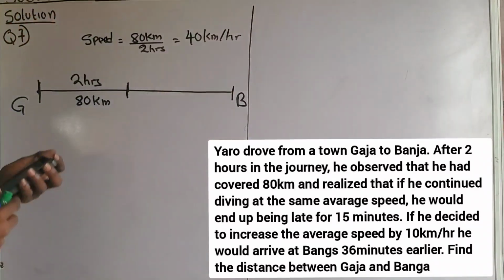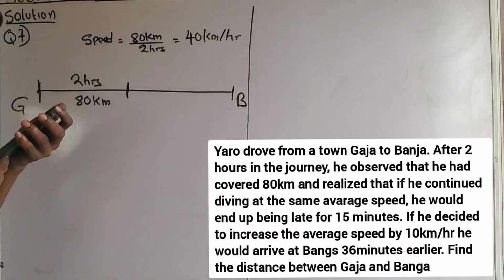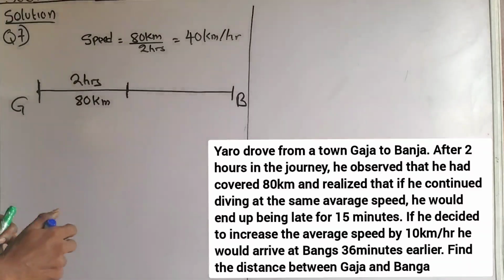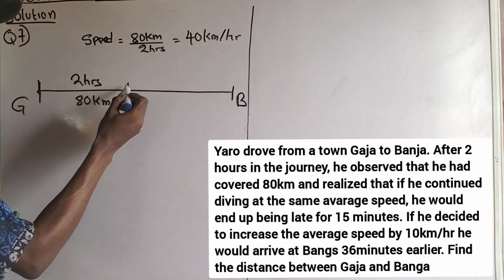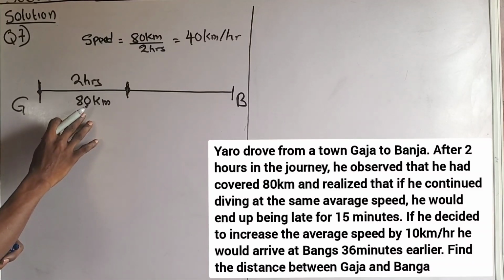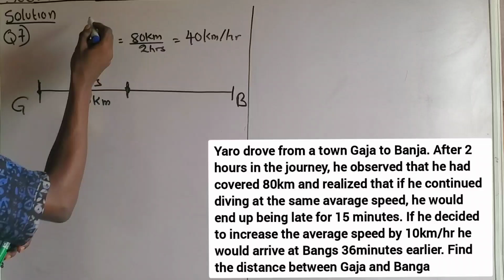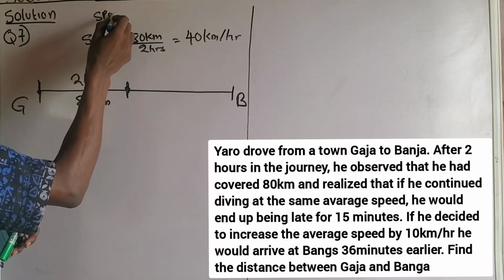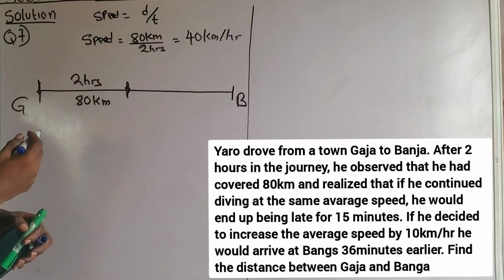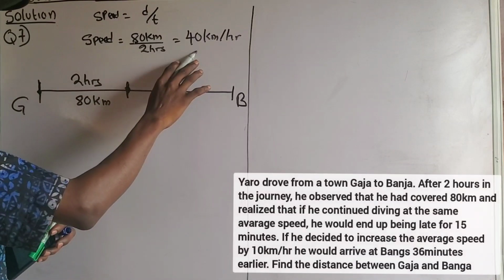The distance from this point to this point is 80 kilometers, and the time that he used to cover the distance was 2 hours. Now, speed is equals to distance over time. So, the speed is 80 kilometers all over 2 hours. That is 40 kilometers per hour.